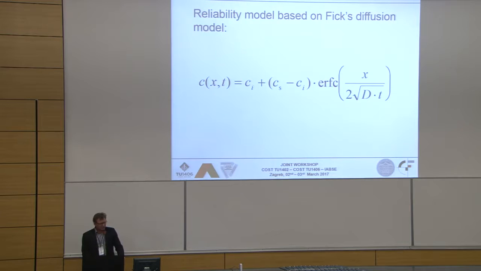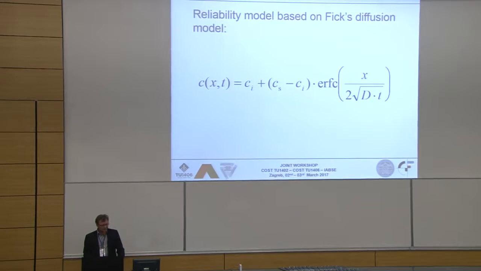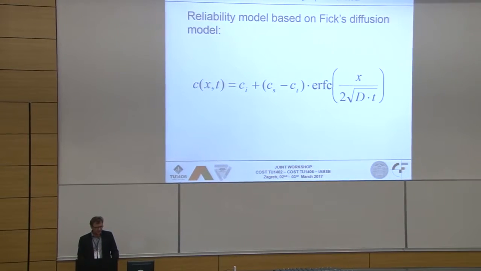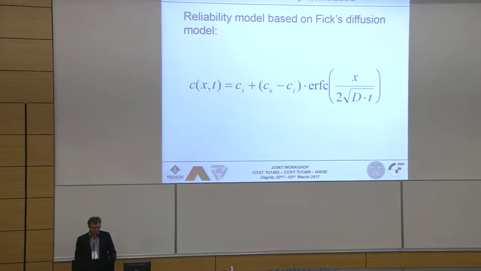So this is the reliability model. We have the concentration at the armor as a function of time. If you put x equal to the distance from the surface, we get the location of the steel armor. We have the initial concentration. We have the difference between the surface concentration and the initial one, which is a driving factor.